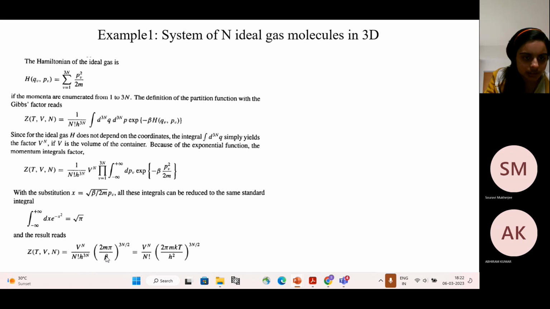Here beta is 1 by kT, and that is how it has been substituted. And we get an expression like this. So this is the expression for the canonical partition function for n ideal gas molecules in 3D. Is this clear till here?